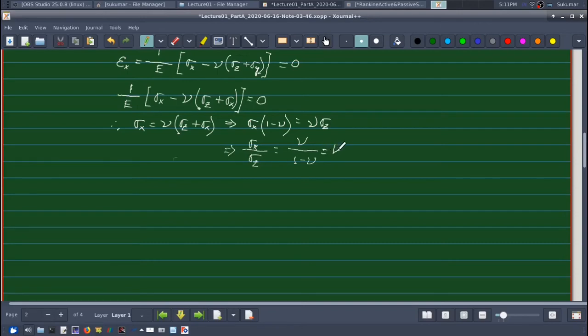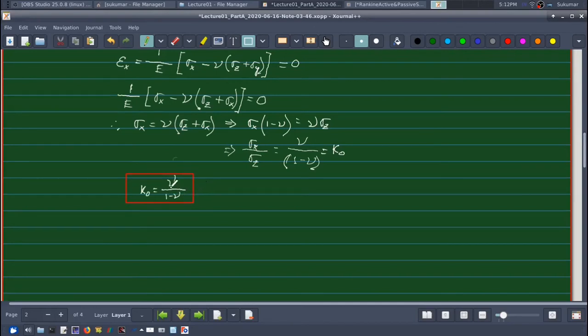So I can say that K naught is equal to nu by 1 minus nu. I'm sorry, my handwriting is becoming very bad because it's quite difficult to write here, not so easy. So we get K naught equal to nu by 1 minus nu based on elastic theory.